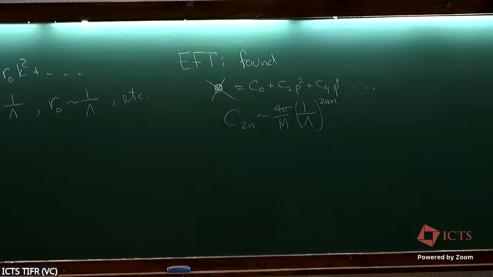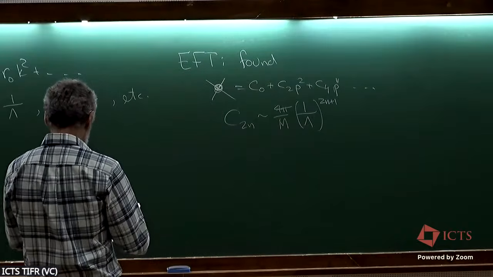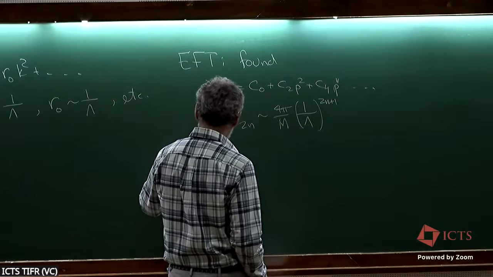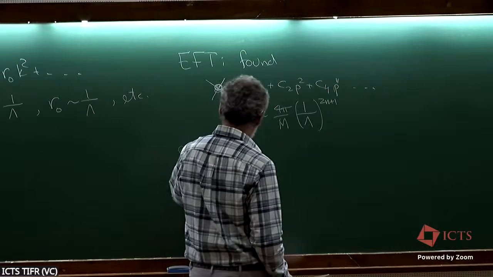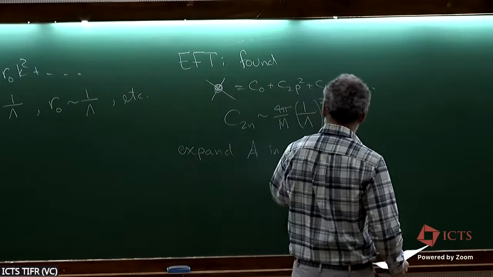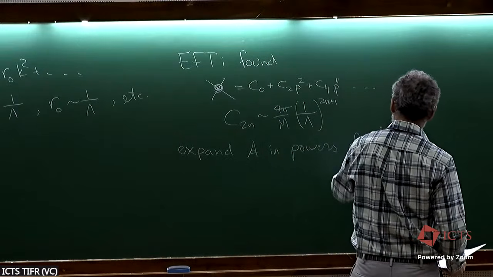So this makes for very easy power counting in the amplitude, because what happens then is that you can expand the amplitude in powers of P over lambda, or K over lambda.